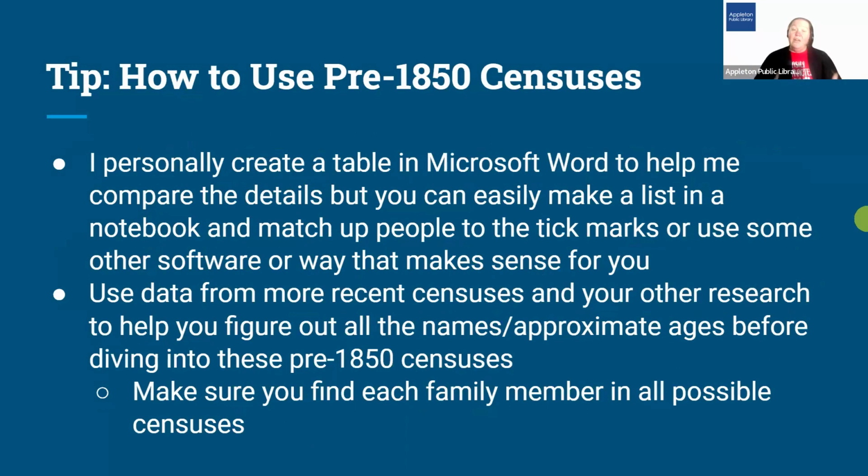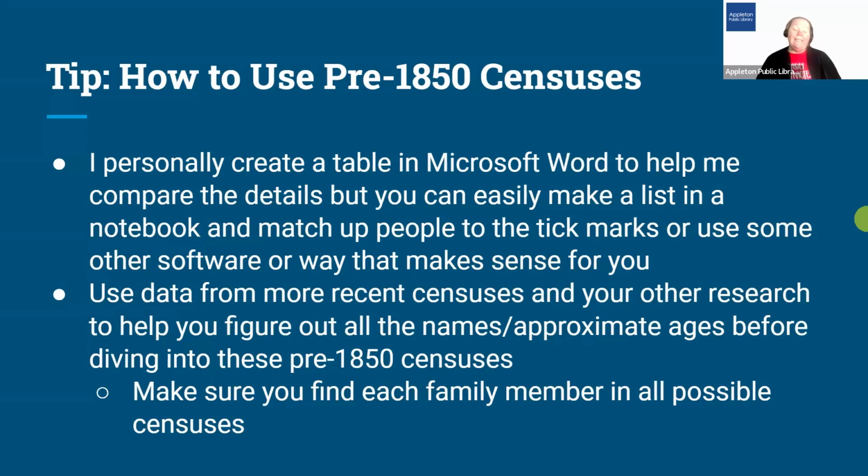So what I do then is I create a little table in Microsoft Word to help me compare these details. You can easily make a list in a notebook if you'd like, or match up people using a software or some other way that makes sense to you. But for me, creating a little table in Microsoft Word is pretty easy.